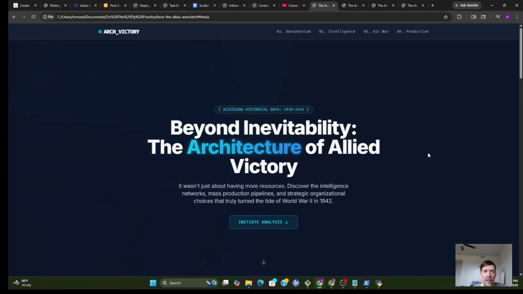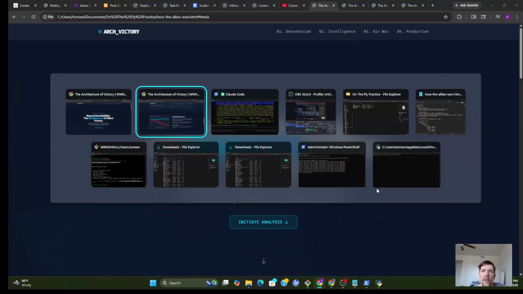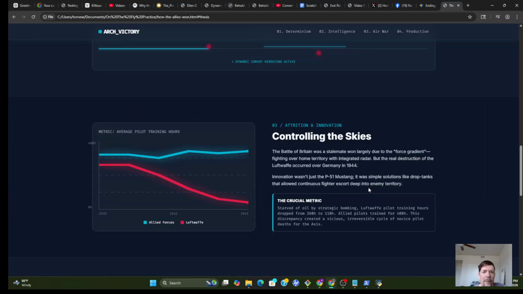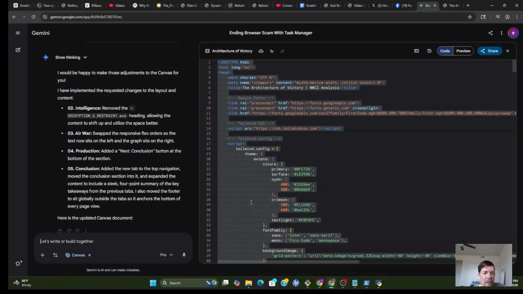I did two iterations. This was the first result of the prompt that was given. I should mention that in Gemini, using this plus here, you can click on Notebook and attach a notebook.